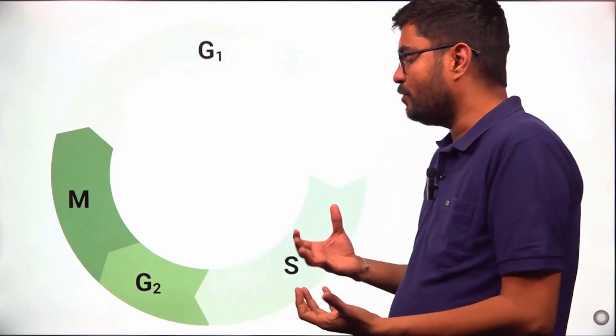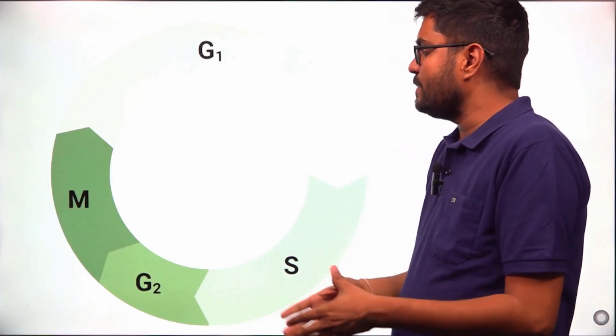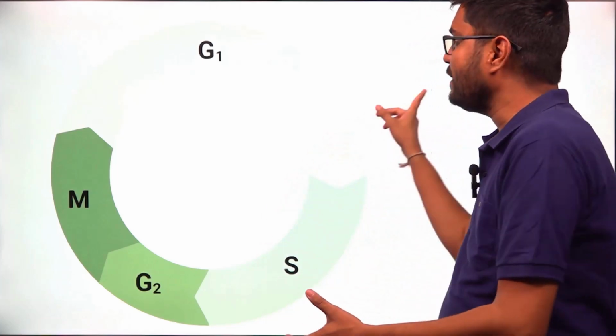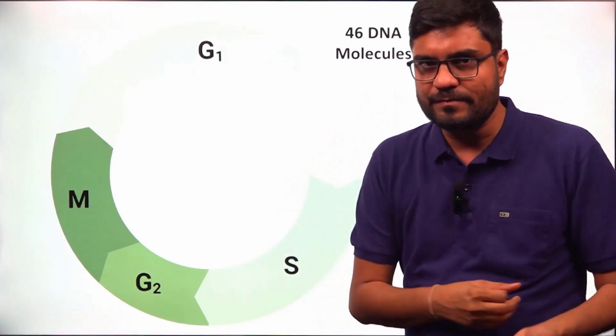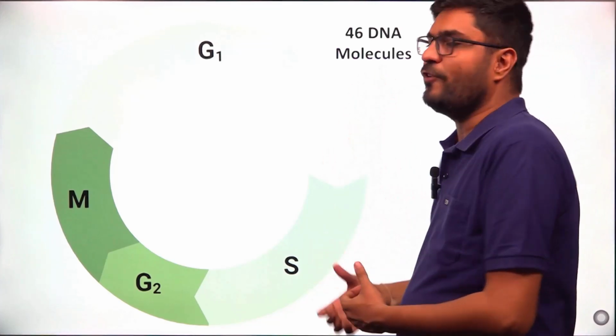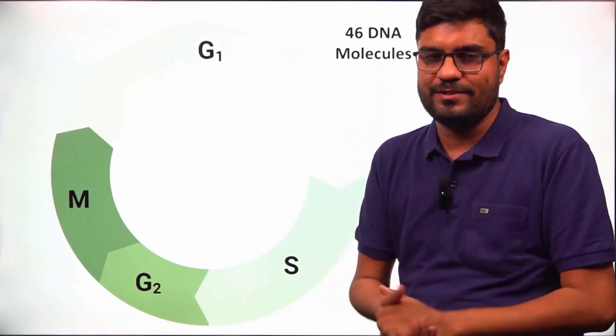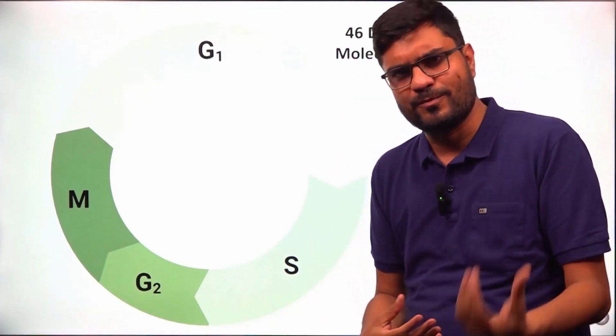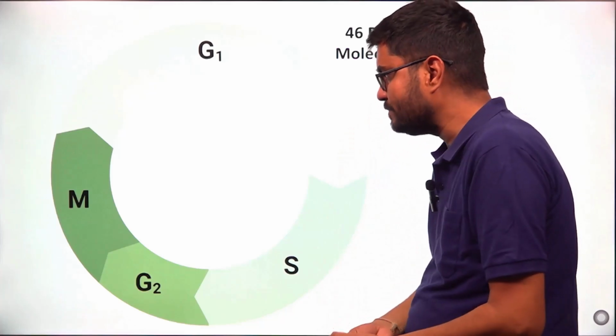What do I mean? The answer is very simple. In G1, let's say the cells are from human. So we know that in G1 phase, cells are resting. They are preparing for cell cycle. So they are containing 46 DNA molecules, right? 46 chromosomes or 46 DNA molecules.